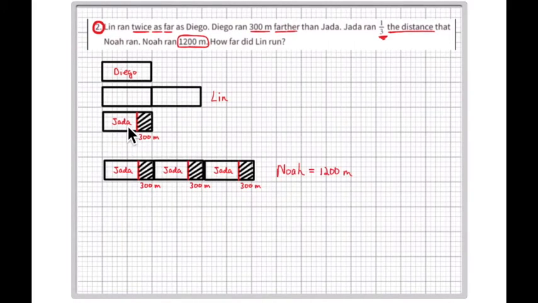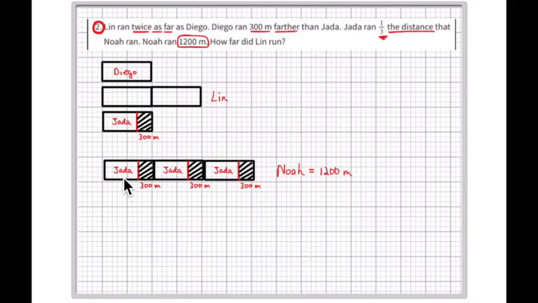And remember that Noah is 3 times Jada's run. So I drew this, I could do this a couple different ways. I could just draw just Jada, just this part right here, and say 3 times Jada equals Noah. Or I could draw, this is Diego's run minus 300, which is the same as Jada. And I'm doing that for a reason. I want you to see different ways of saying the same thing.